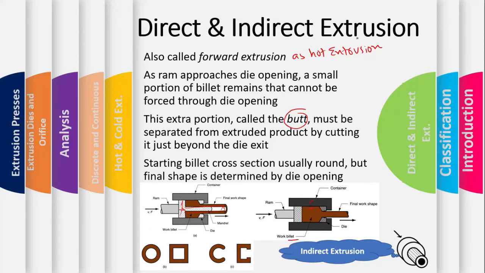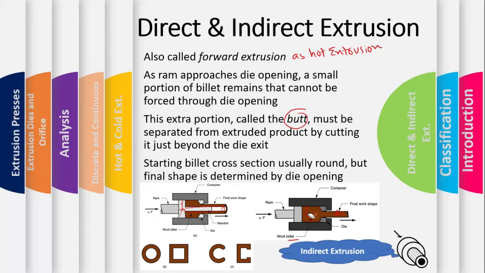But in the case of the hot extrusion performed as a direct extrusion, this problem amplifies. And why is that? Because there's a formation of an oxide layer on the surface of the work material. Whereas the work material is feeding here, its surface generates some oxide layer. And obviously when you squeeze it out of the die opening, there will be an oxide layer on the surface of the work part as well. And it will not only increase the frictional effect but also reduce the quality of the product.